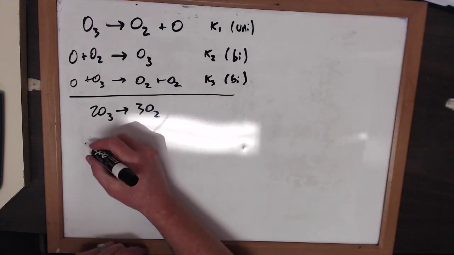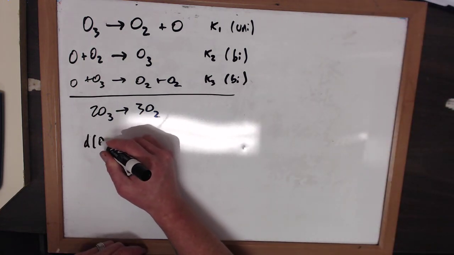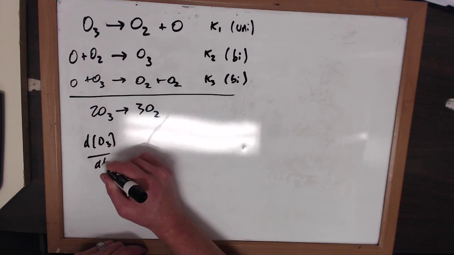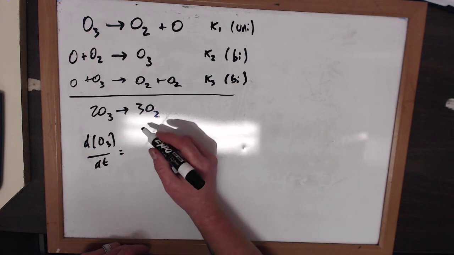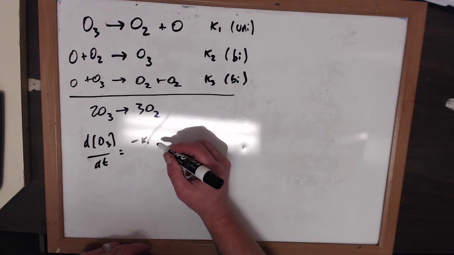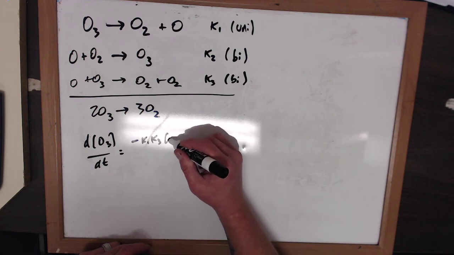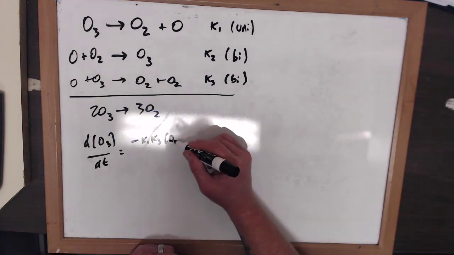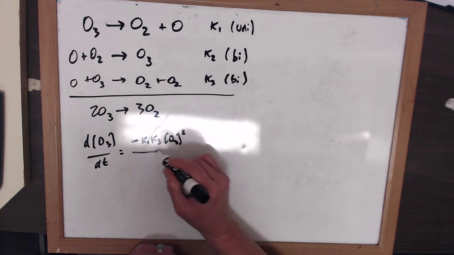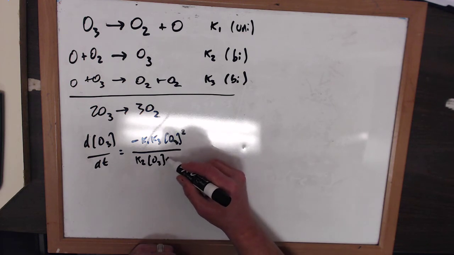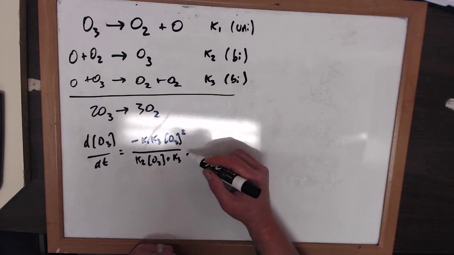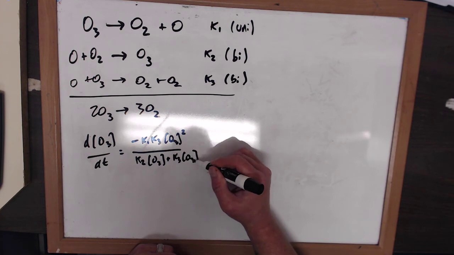If we apply steady state and solve this mechanism, we could come up with a simple expression for d[O3]/dt, which goes as negative k1 times k3 times [O3] squared, all divided by k2 times [O2] plus k3 times [O3].